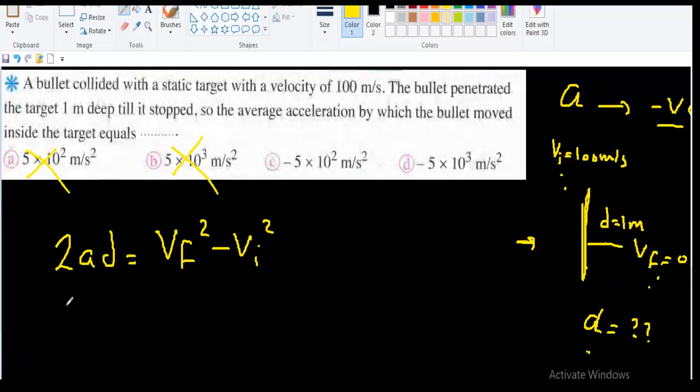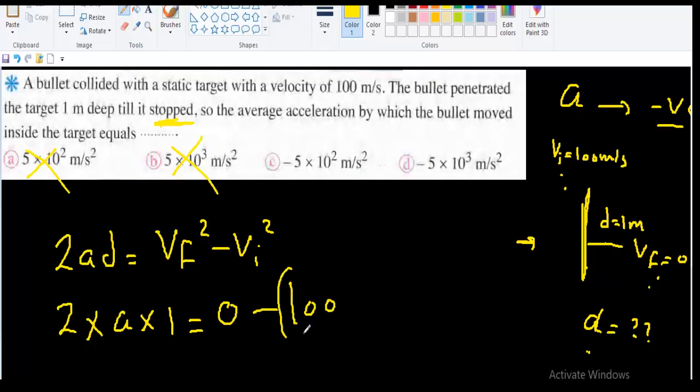Okay, let's substitute. 2 is a constant. Acceleration, we need acceleration. Displacement equals 1. Final velocity is 0 because the body stopped. Initial velocity is 100 power 2.